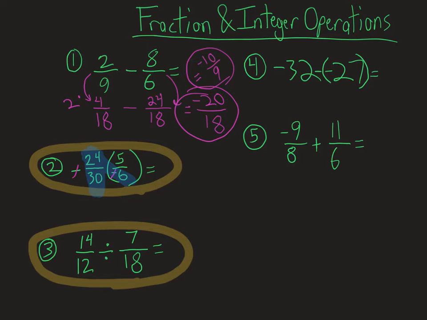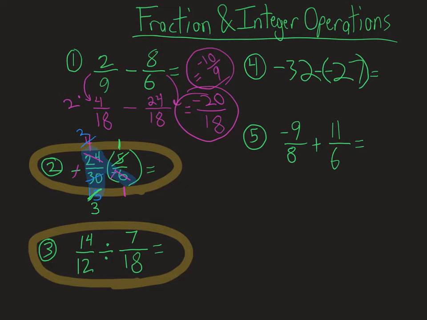If we look at the 24 and 6, I can take a 6 out of 6. That makes it 1. A 6 out of dividing it to 24 makes it a 4. Now I'll look at the 30 and the 4 and divide a 2 out of both of those. And now I'll go to the 5 and the 15 and divide a 5 out of both of those.